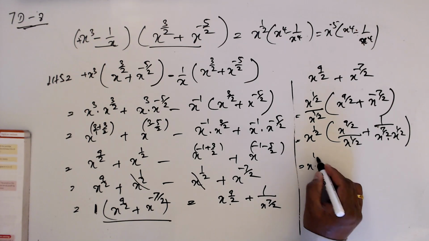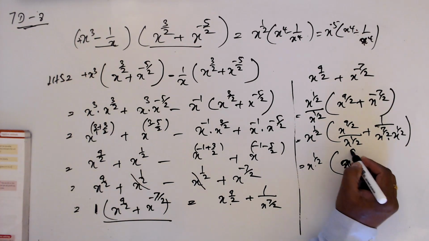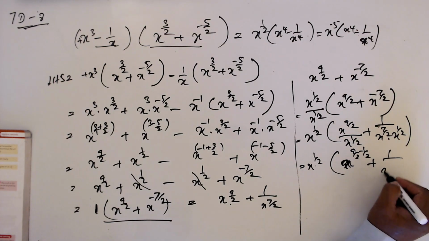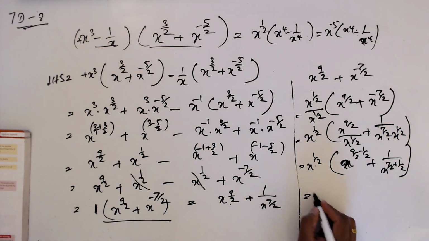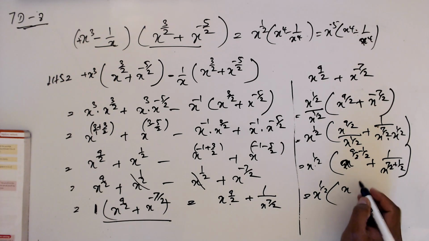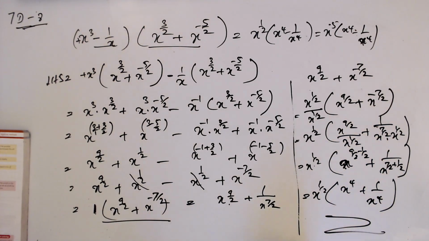Now this is x half, this is going to be x^(9/2 - 1/2) plus x^(7/2 + 1/2). It means this is x half, this is x^4 plus 1 over x^4.